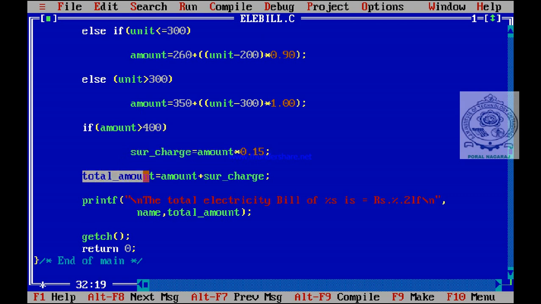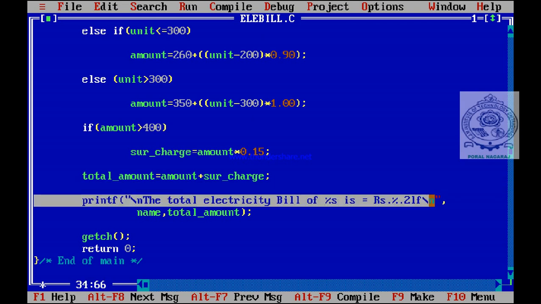So what is the total amount? Our output is assigned the value amount that we have computed here, plus surcharge. For up to 400 units surcharge is 0. If the amount is above 400 rupees, then the 15% surcharge is added. Once you compute the final output total amount, you have to print name and total amount. That's why we use a printf statement.